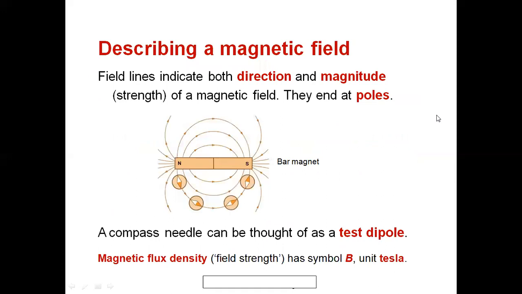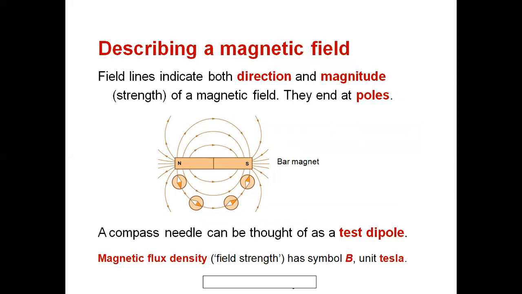Okay. Now the magnetic field we already discussed. The magnetic lines of force have both direction as well as magnitude, and that magnitude is nothing but the strength of the magnetic field.